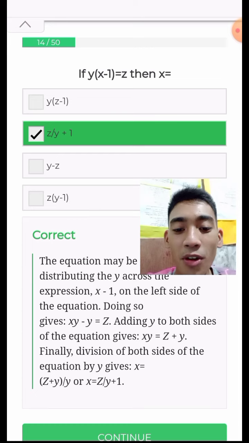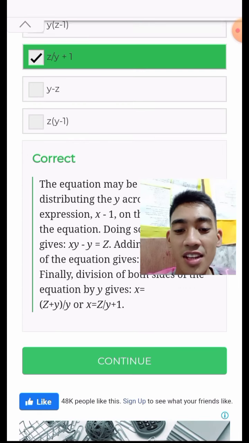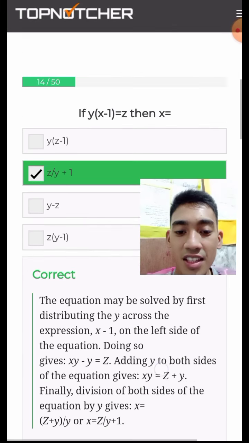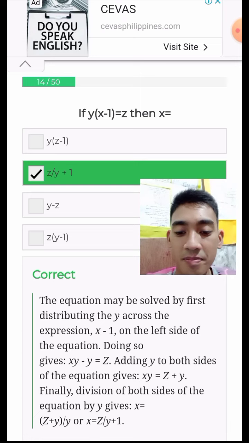Adding y to both sides, it becomes xy equals z plus y. Finally, dividing both sides of the equation by y gives x equals z plus y all over y, or x equals z over y plus 1.